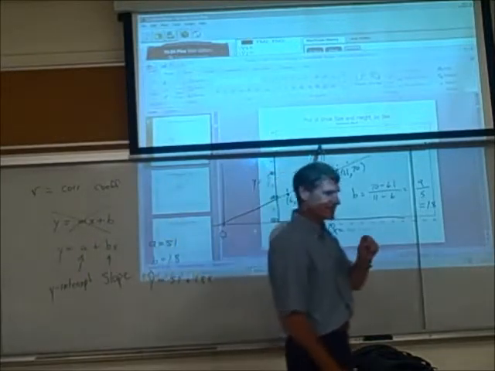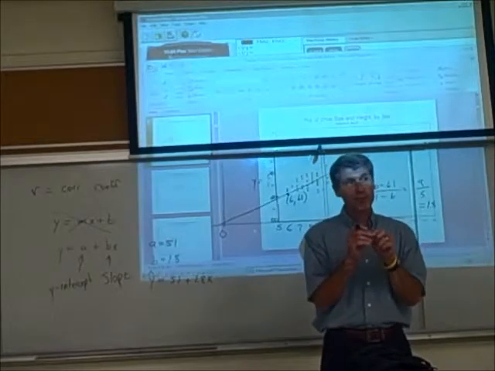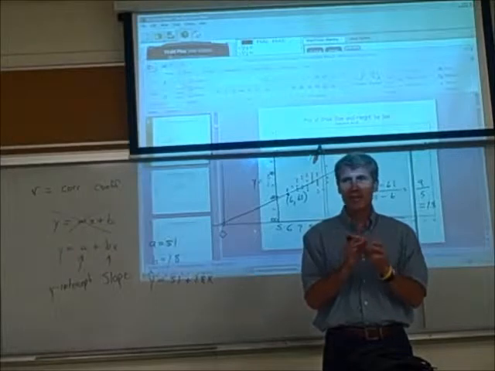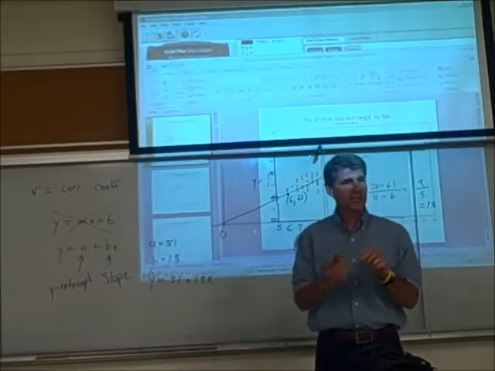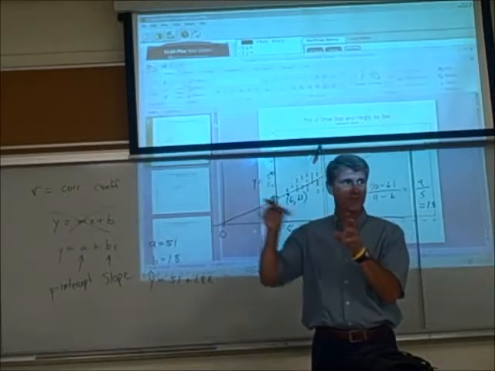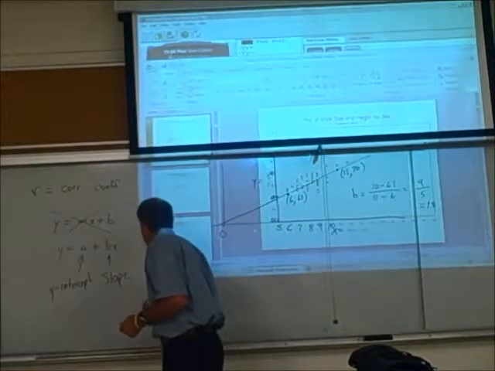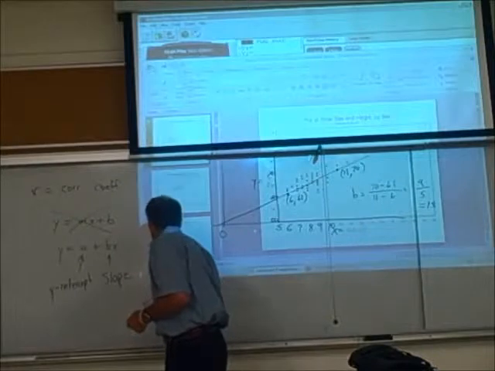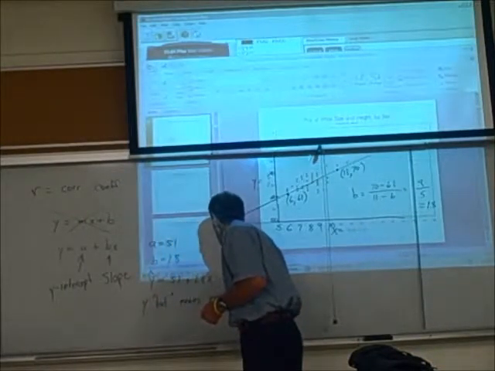Now we put a hat on it, seriously, because a hat in statistics means predicted value or estimated value. So anytime in statistics, and this is about the only time in MA 140 you'll see it, anytime you see something with a hat over it, it means this is an estimate of that thing. So Y hat means predicted value.